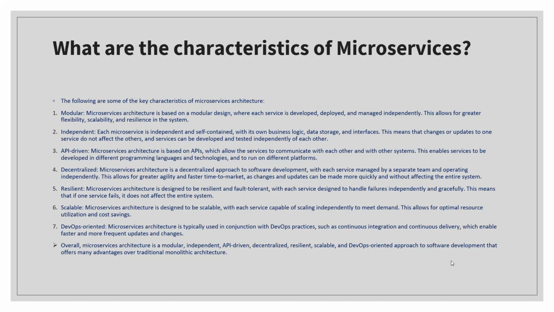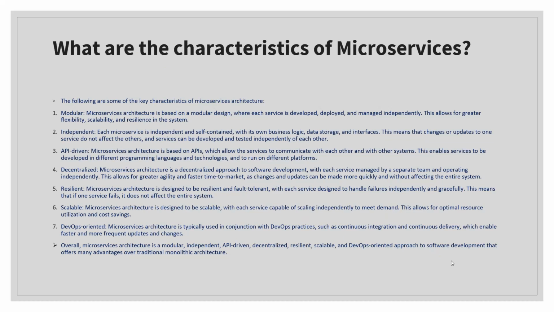Decentralized. The microservices architecture is a decentralized approach to software development, with each service managed by a separate team and operating independently. This allows for greater agility and faster time to market, as changes and updates can be made more quickly and without affecting the entire system.